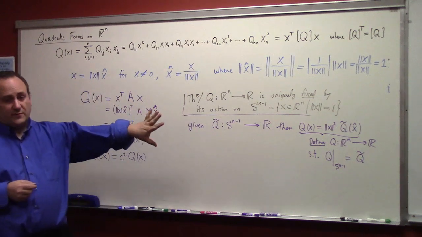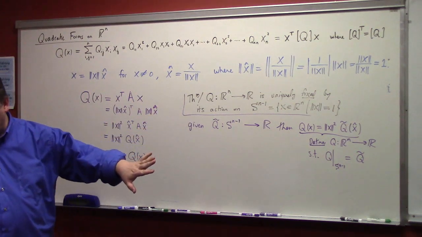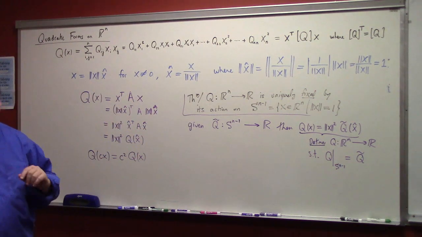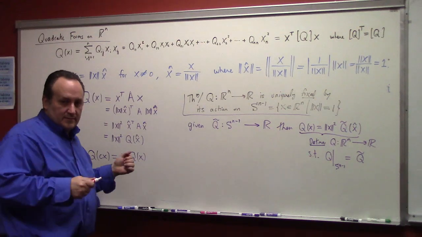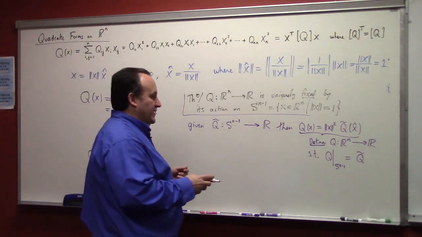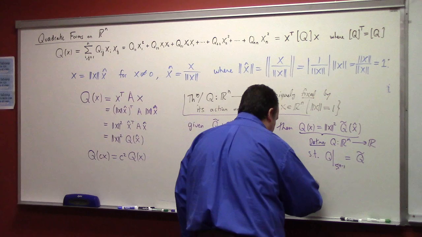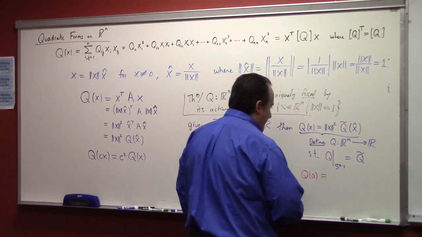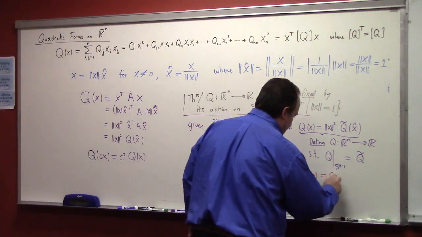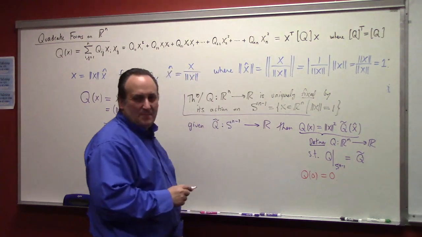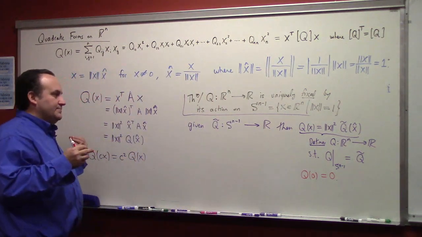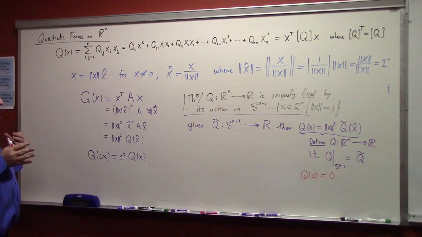That formula works for any x for which x hat is defined, but there's one for which x hat is not defined. 0. And what should Q of 0 be? 0. Yeah, there you go. So problem solved. My point to you is just that to understand the quadratic form on Rn, it suffices to understand the quadratic form's action on the unit n sphere.